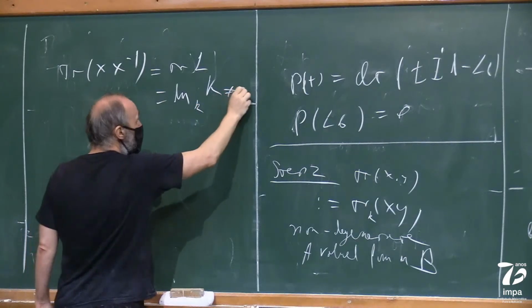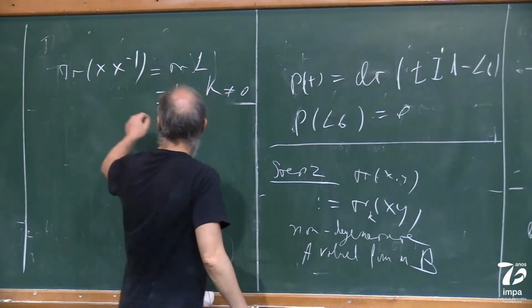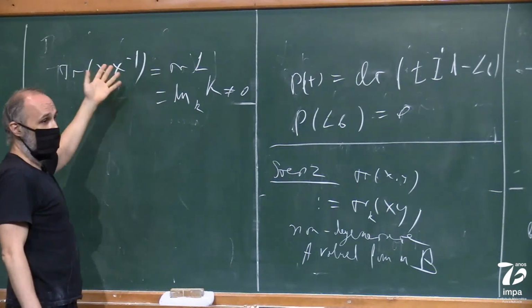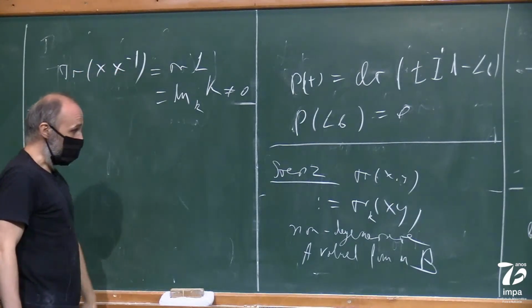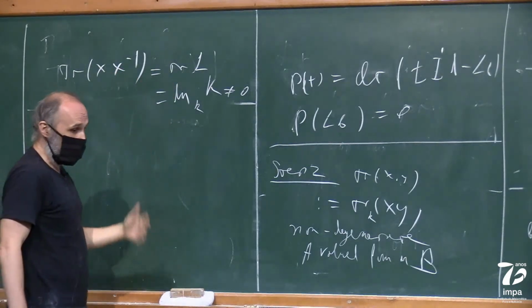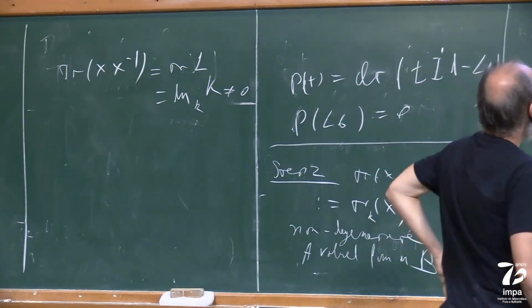This is non-zero. So for each element x, there exists something. Well, you can always multiply it by denominators so that it belongs to B, such that the product is non-zero. So trace is non-degenerate.